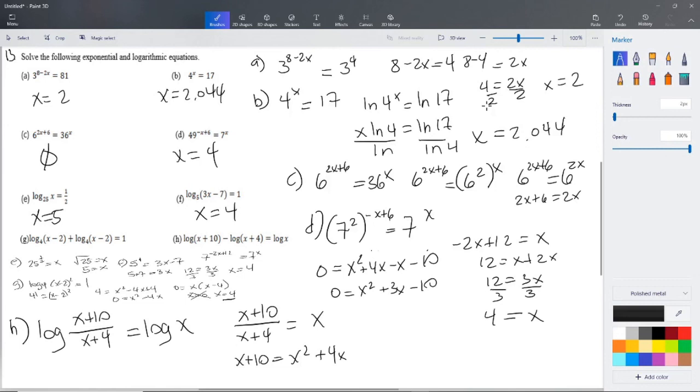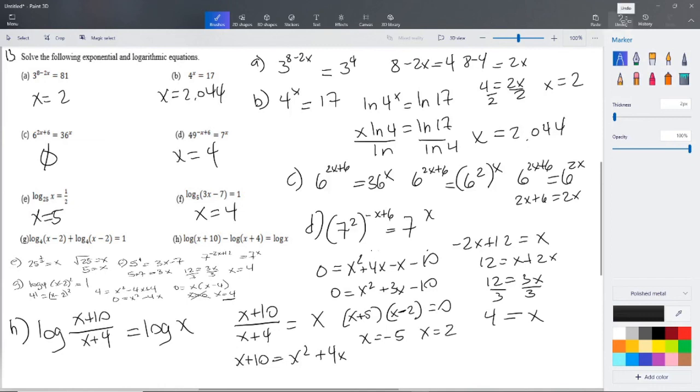Thankfully, the factors of 10 that add up to 3 are 5 and 2. It's a negative here, which means one's a plus and one's a minus. The 5 is going to be the plus, and the 2 is going to be the minus. And that's going to tell us that x equals negative 5 and x equals 2.